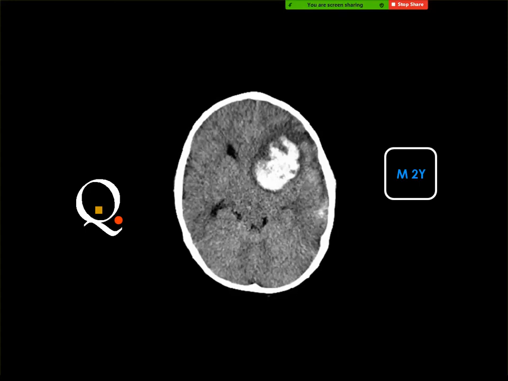Either the patient had some sort of coagulopathy and he is bleeding, like thrombocytopenia and hemophilia and others. Number two, there is an underlying arteriovenous malformation. Number three, there is an underlying tumor.